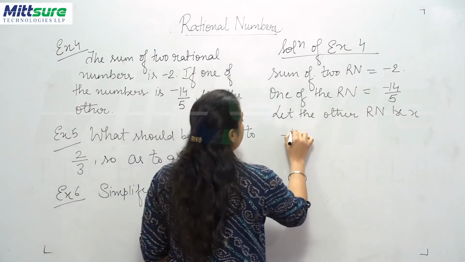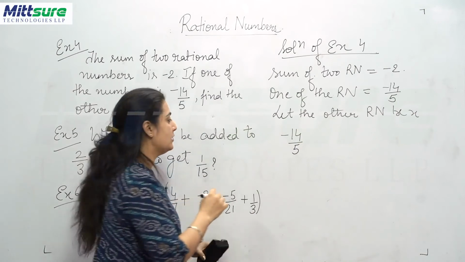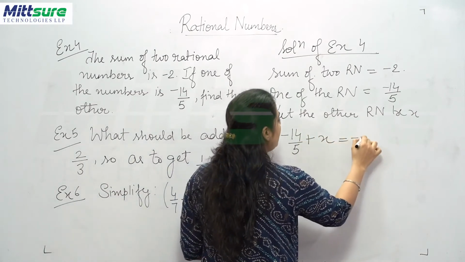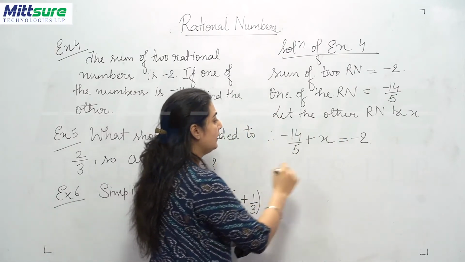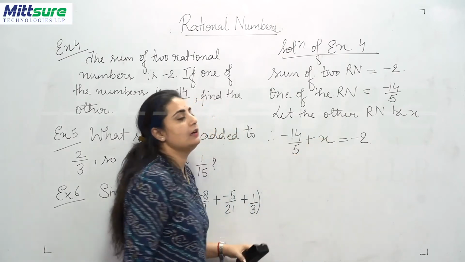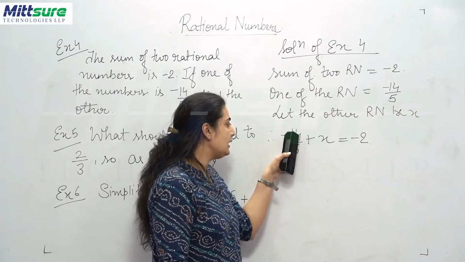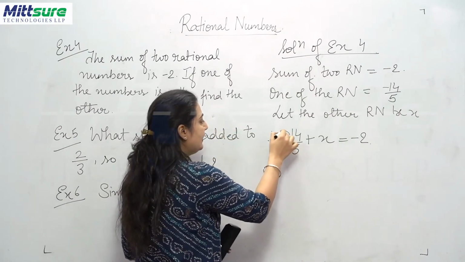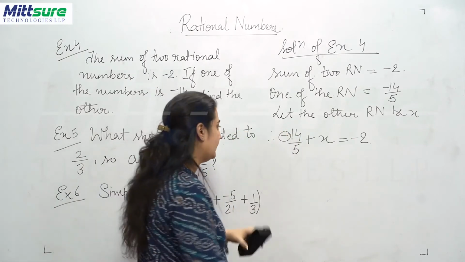Now, if minus 14 upon 5 is my first rational number, therefore plus x will give me minus 2. Now, here you can see that this is a kind of linear equation where I will be transposing the rational number towards the RHS. So this negative sign will get changed to positive sign.